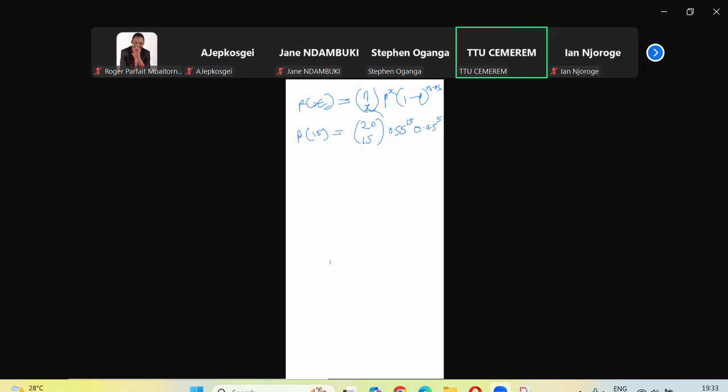Can you do this in your calculator and see? To get this part, you use the nCr button in your calculator. You punch 20, then the nCr button, then 15, then equals, and you get the value. Then you multiply with 0.55 raised to power 15 and 0.45 raised to power 5.